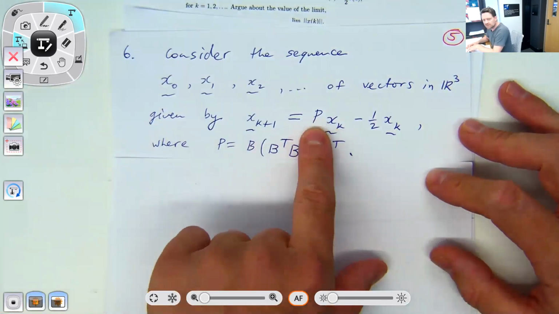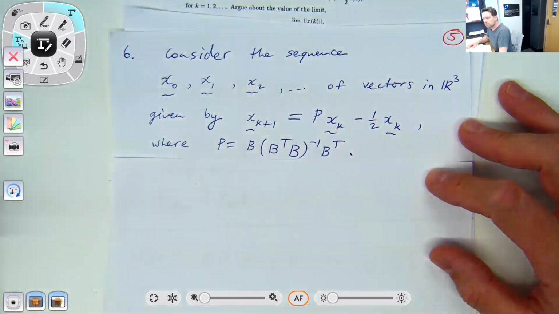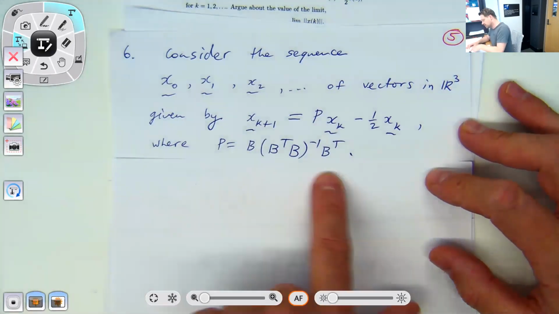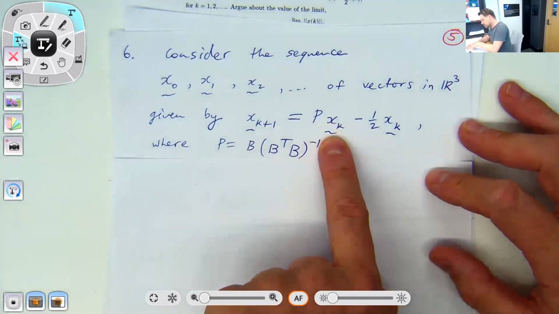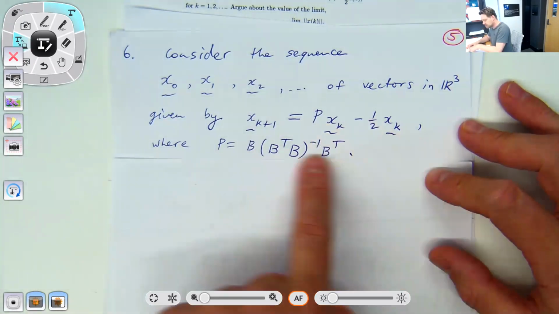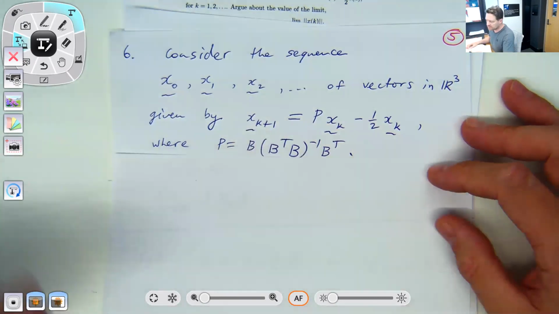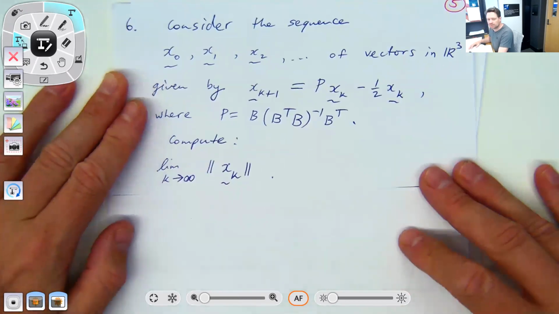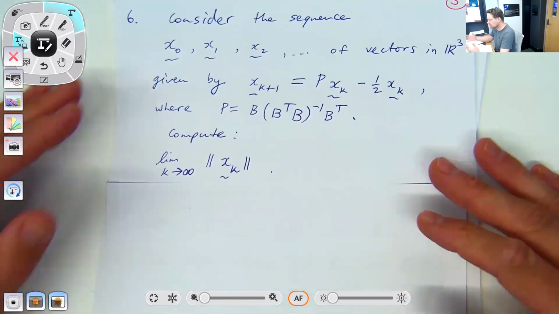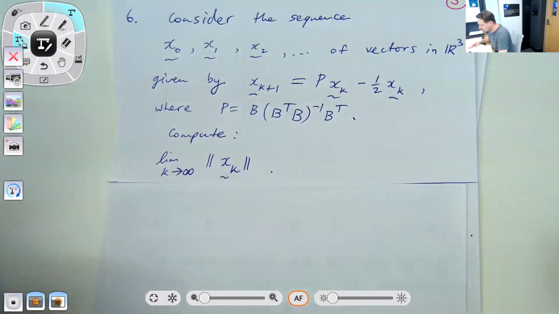Now it's given by this. This is the projection matrix that we've been looking at in previous problems. So we've got projection matrix times xk minus 1/2 xk, and this is our definition of the next vector in the sequence. Essentially what we're doing is computing the limit, and you already know what the other parts of the question were.